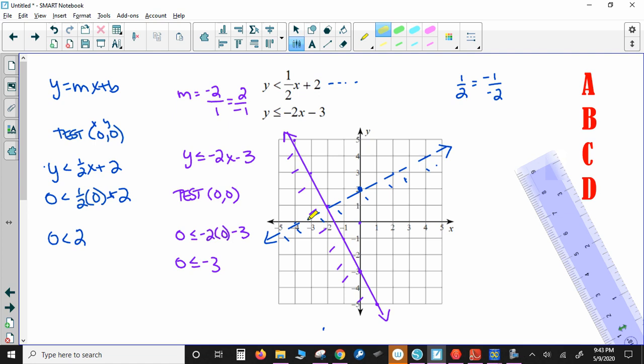So anything that is both below the blue line and to the left of the purple line. So everything over here. And I will say this, when you're shading, very, very light. You're not coloring in, you're not doing it as dark as the lines. The other thing is you want to leave a little bit of gap. It's important for us to be able to see, is this line dotted or solid. So this is my final solution set for this line.